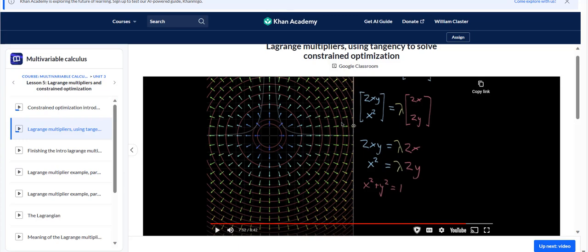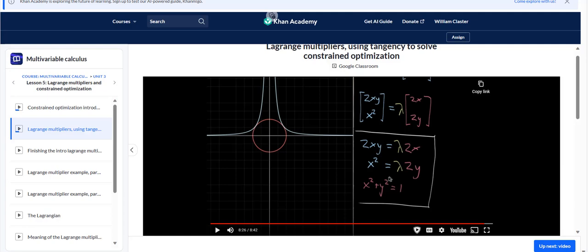We wanted to find where on the circle it's going to be a maximum. The height of the surface is going to be a maximum. And that is the idea behind Lagrange multipliers. So we get this system and we just have to solve it, and hopefully we can.